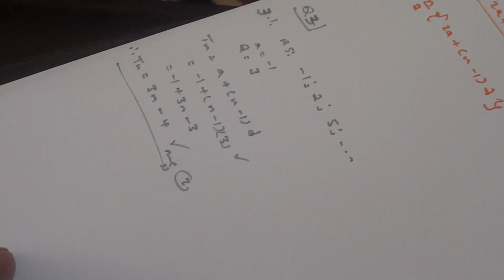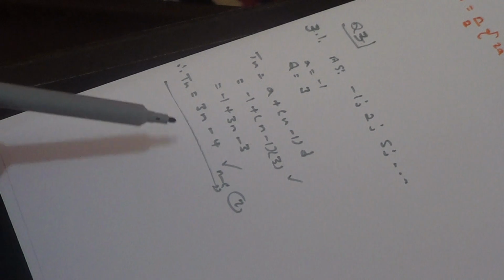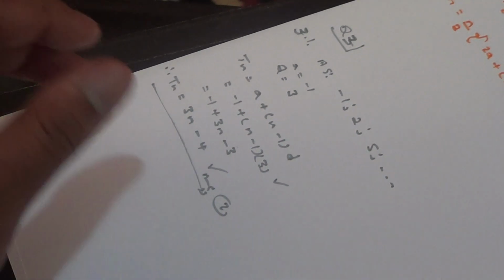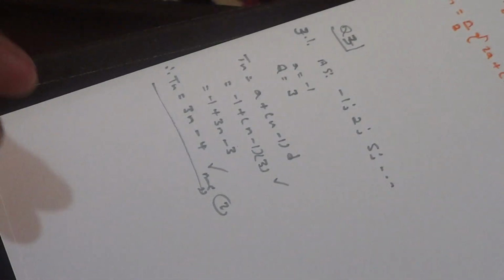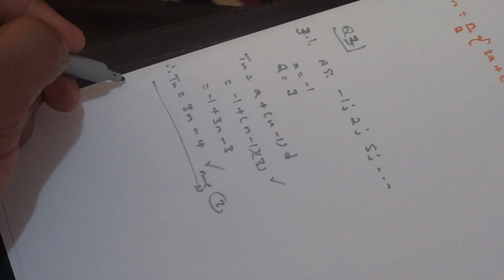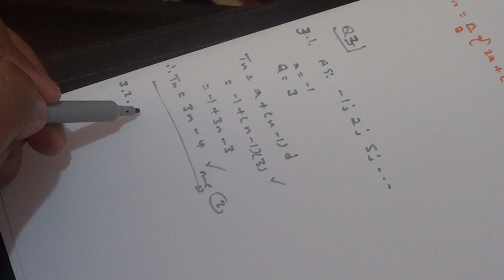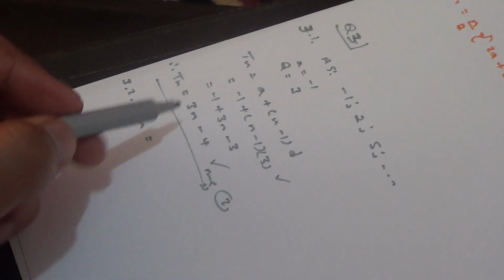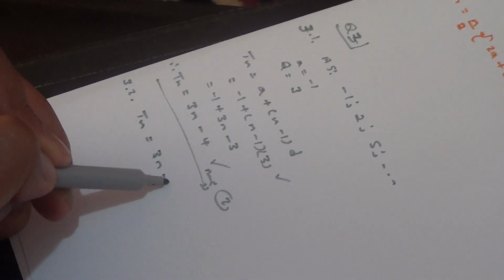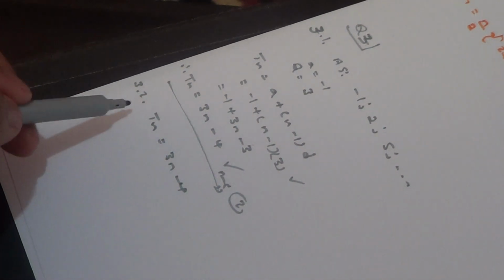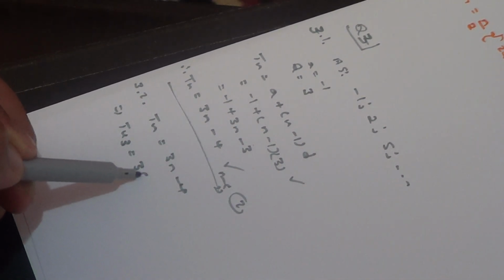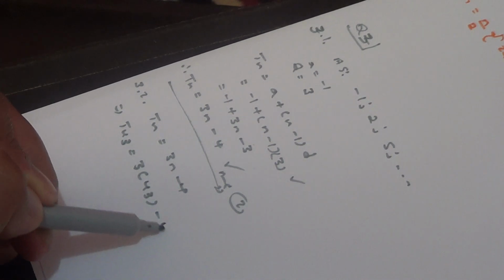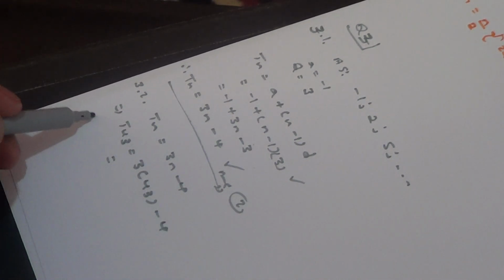Alright, so now it says calculate T43. Okay, the next question says calculate T43. That is question 3.2. So we know Tn equals 3n minus 4, right? This implies that T43 equals 3 into 43 minus 4.